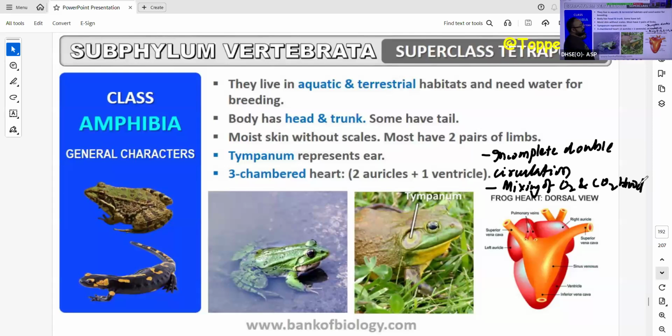So although the blood has to complete 2 circulations in one cycle, therefore it is double circulation, it is incomplete. Why? The oxygenated and the deoxygenated blood are not separate. Rather, the amphibians have a mixed blood. Amphibians have a mixed blood. Clear? Okay.